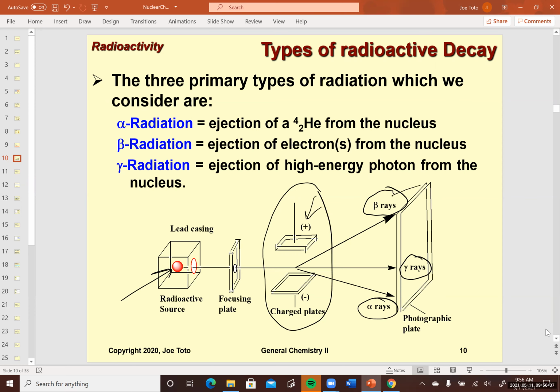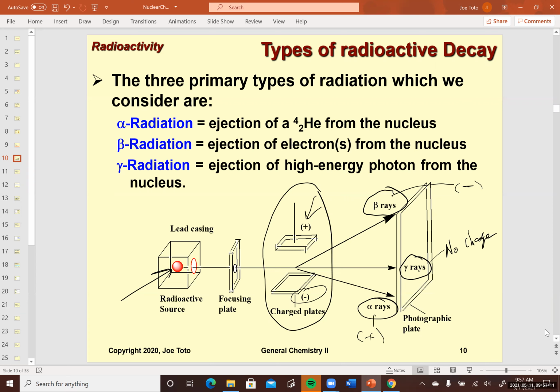That gave evidence that beta rays are negatively charged, whereas alpha rays bent towards the negative plate, and that was evidence that the alpha particles are positively charged, whereas gamma rays were not deflected by the electric field at all. So it was concluded that there's no charge for gamma.